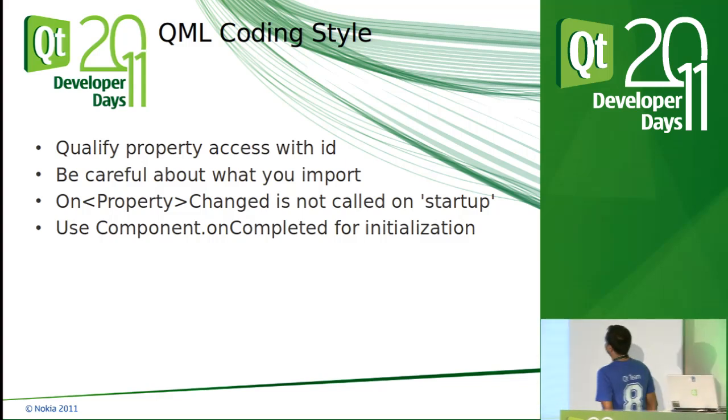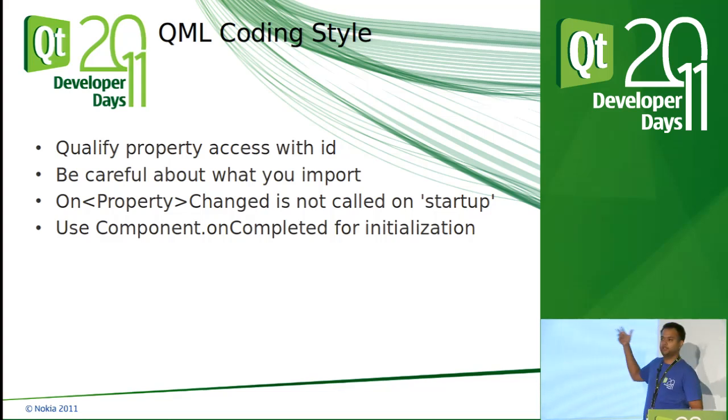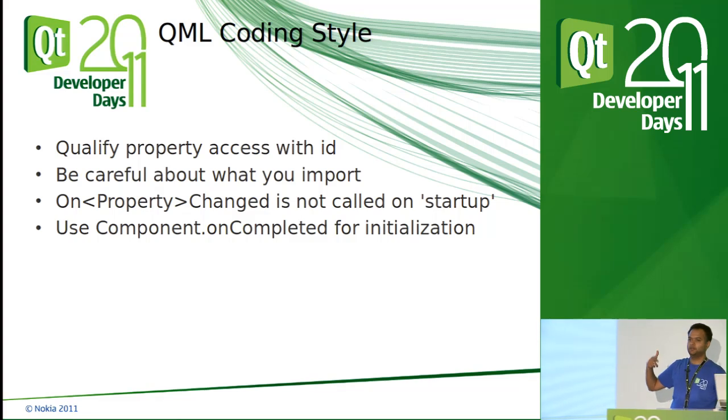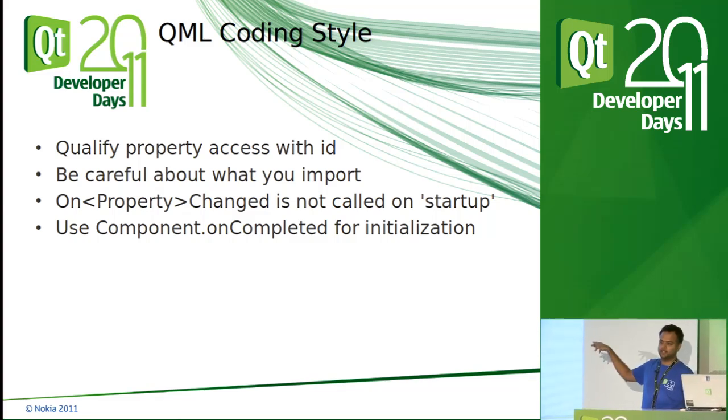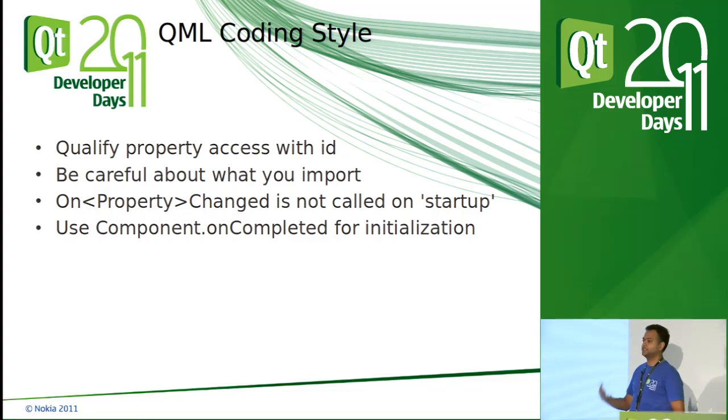Okay, where was I now? Yeah, so one thing you should keep in mind when you connect in QML and create slots like onPropertyChanged, QML actually suppresses signals during the component initialization. So your onPropertyChanged will actually not be called on startup.